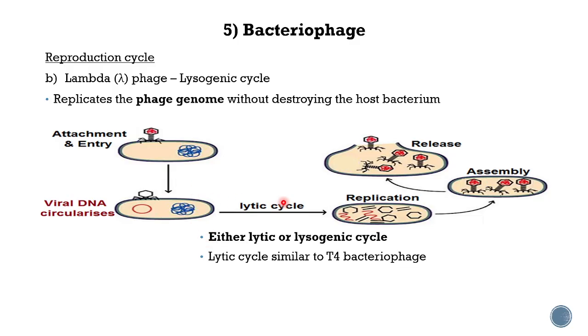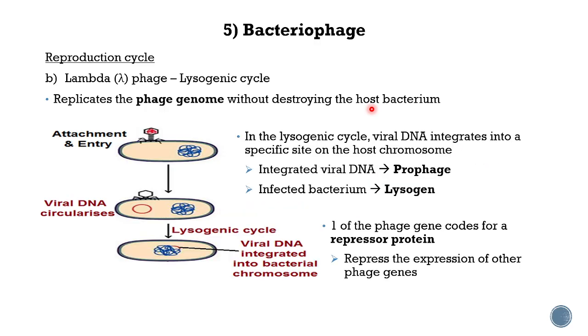However, there is also the possibility that the lysogenic cycle is adopted after the entry of the viral DNA. In this lysogenic cycle, the viral DNA gets integrated into the bacterial DNA, or bacterial chromosome.